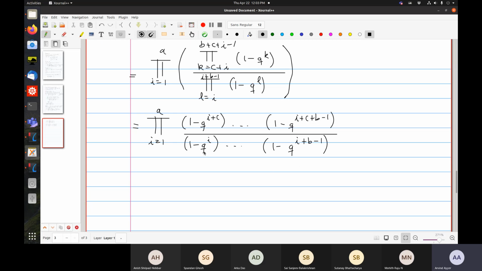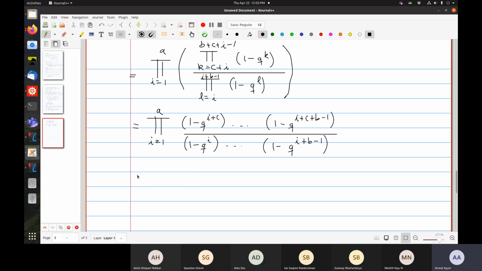Now you see the similarity. For each term over here, term wise, I have a c extra. Well, you could have seen it there. So the number of terms is b, right? In the numerator, and so also in the denominator. Right?